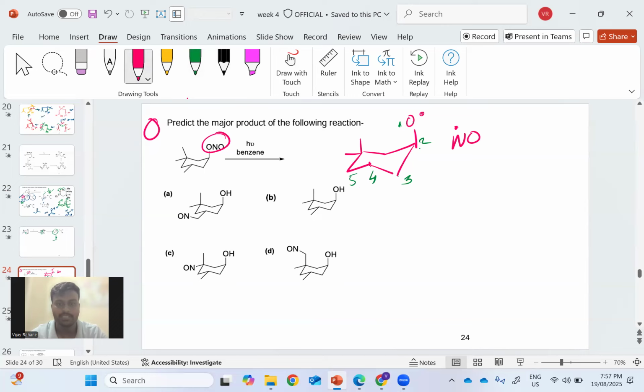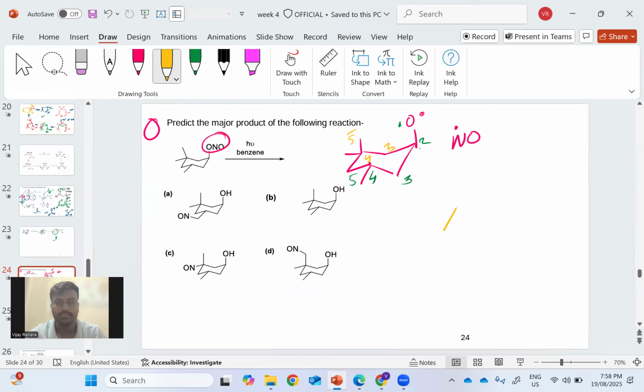There is one more methyl here, right? Or on this side also, one, two, three, four, and this is five. That is on the axial methyl group. So obviously, which one is the most preferred or most near to this oxygen radical?